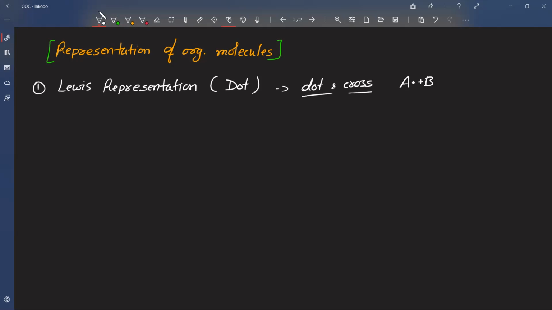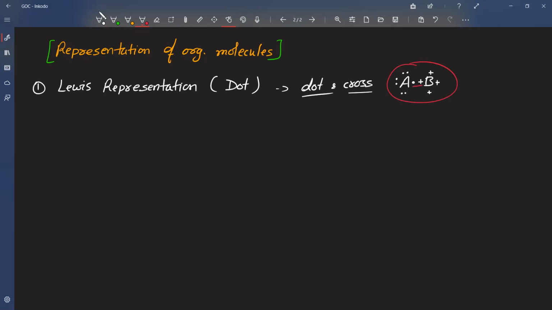So these two are forming bonds, and there may be other electrons. So you show them by dots of electron, or you show only dots. So like that, we have dot and cross representation or Lewis representation.